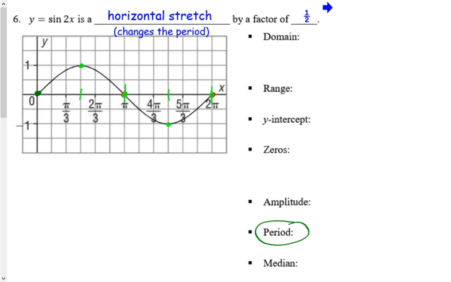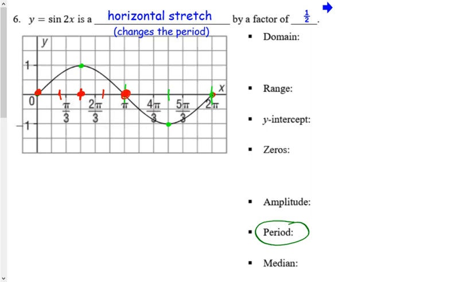So if it's stretched horizontally by a factor of a half, I know my full period is up to there. So I'm going to divide that section between this red dot and this red dot into 4 sections. So there's a half, there's a quarter, there's 3/4. Because sine starts on the center line, halfway in between, beginning and end, it'll be on the center line again.